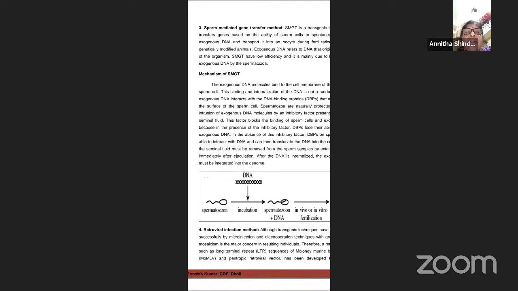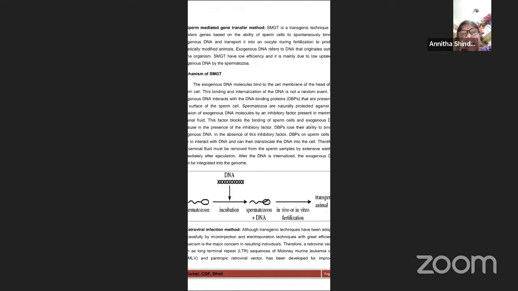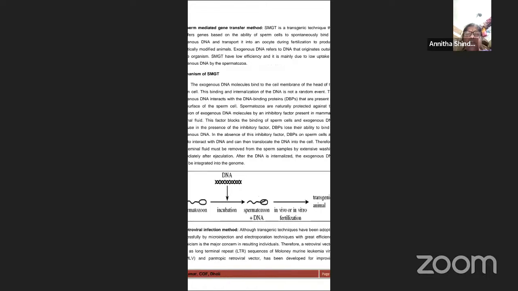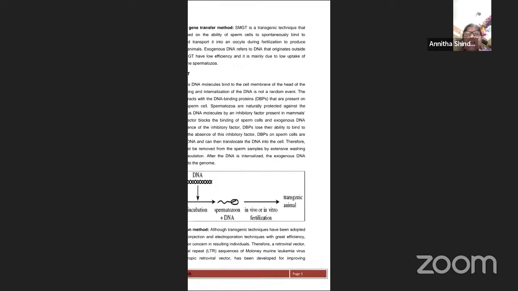Therefore, the seminal fluid must be removed from the sperm samples by extensive washing immediately after ejaculation. Once the DNA is internalized, meaning once the DNA enters, the exogenous DNA must also be integrated into the genome. So this is the DNA, then incubation of spermatozoa plus DNA, then in vivo or in vitro fertilization, and then it will result in a transgenic animal.